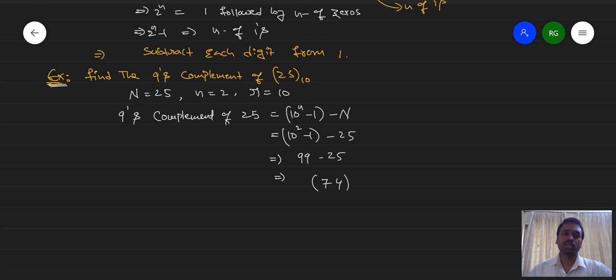In other words, to find the 9's complement of a given number, that is my 25, the 9's complement is subtracting each digit from 9. So if I do so, 9 minus 5 is equal to 4, 9 minus 2 is equal to 7. So that's what we get. Either you can substitute in the formula and simplify it, or in shortcut form you can subtract each digit from 9.